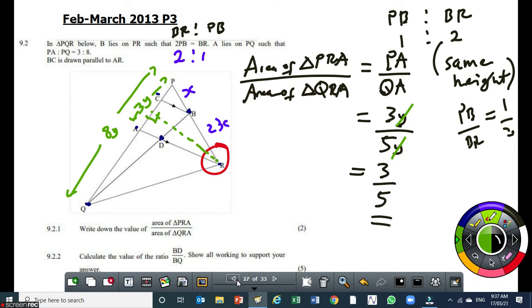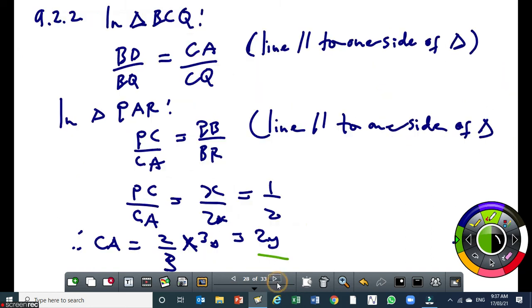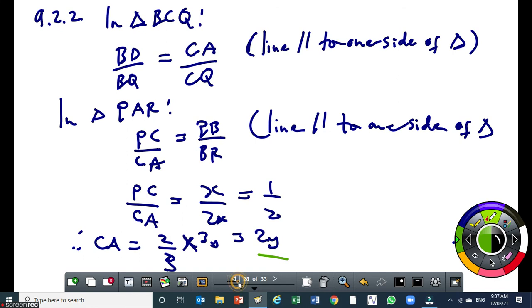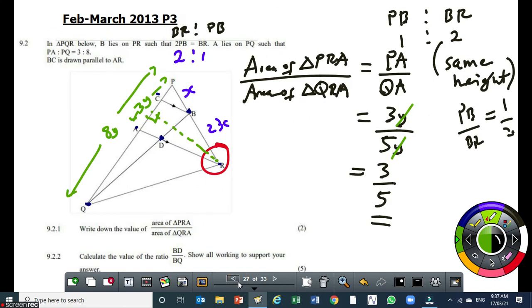Remember, we know that AQ or QA is equal to 5y, and we have calculated CA as 2y. So I'm going to say 2y over 7y. We are starting from here. CA is 2y and AQ is 5y, so CQ is going to become 5y plus 2y. Are you getting that? I hope so.